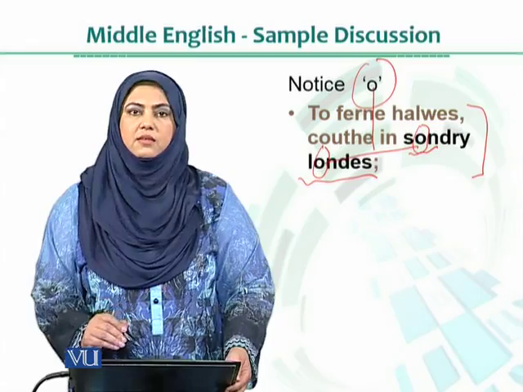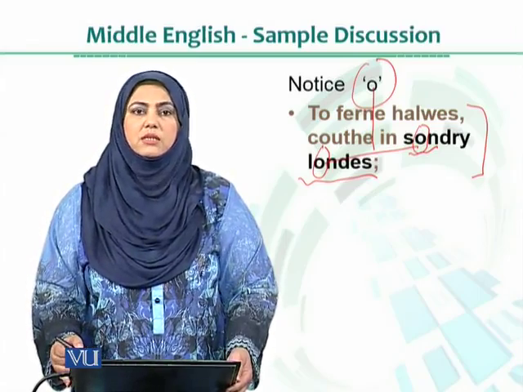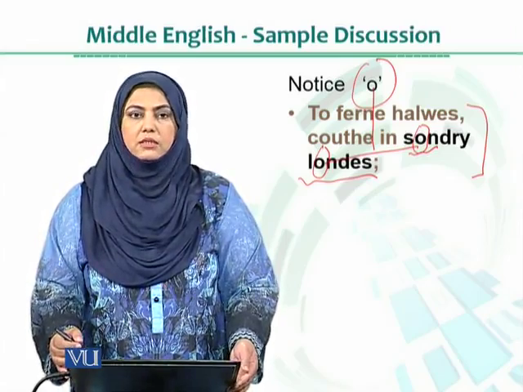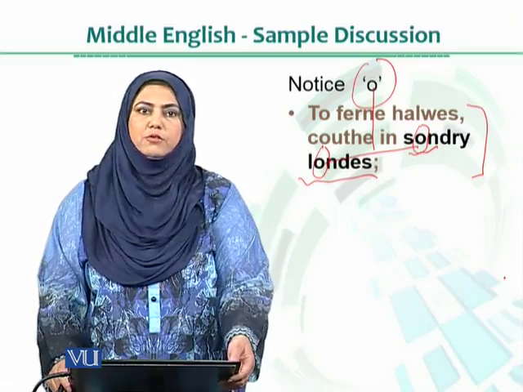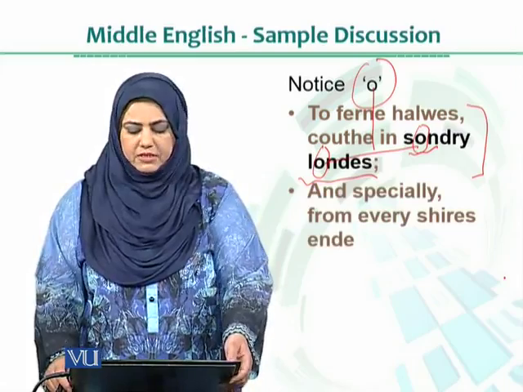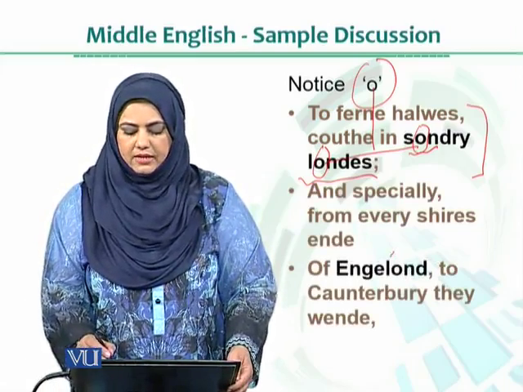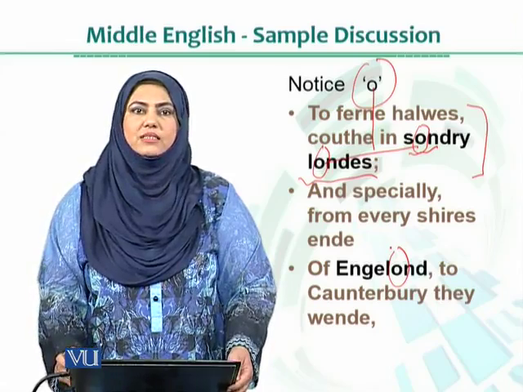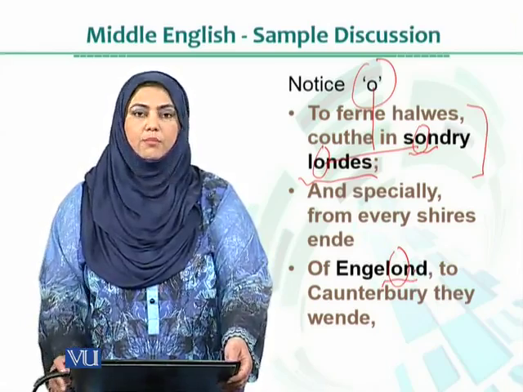This vowel sound is used in "londes," not as "lands." So over time, we now find it different. And especially from every shire's end of England. Again, notice how "England" is written and pronounced; this is an example of that.